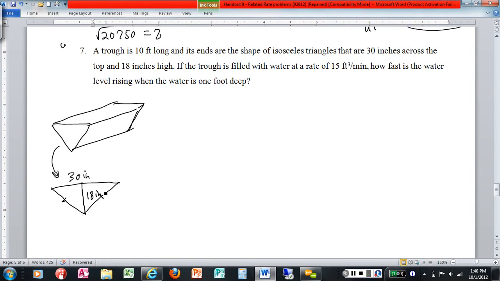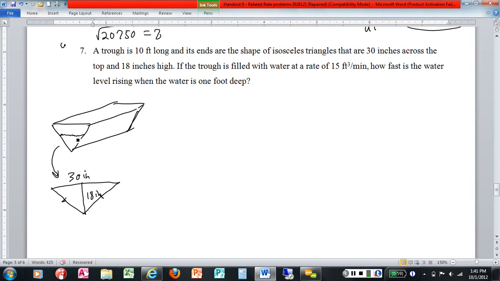How fast is the water level rising when the water is 1 foot deep? Okay, so let's draw in a little water line there. So the water line's coming right about there.